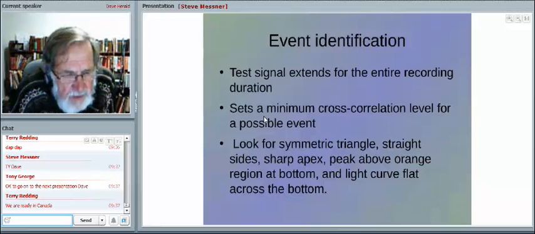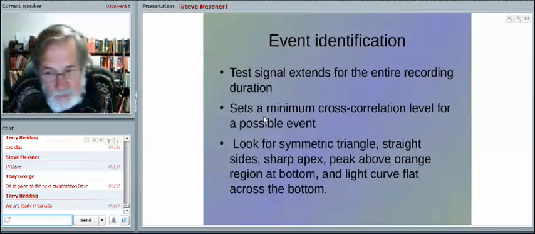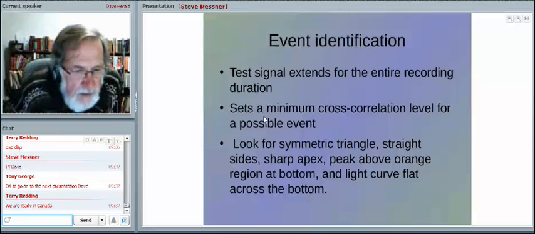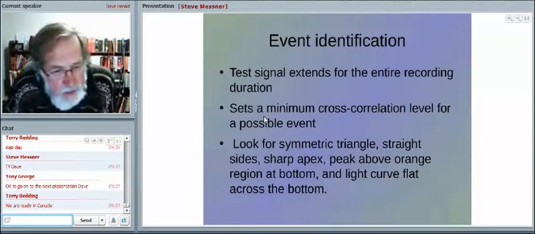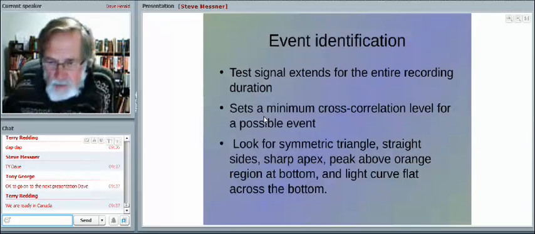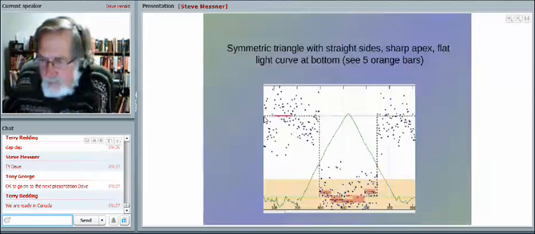It's a symmetrical triangle with straight sides and a sharp apex. It'll have a peak above the region at the bottom, which is the minimum cross-correlation level. And of course the light curve will be flat across the bottom. If we go to the next slide, we can see what this will look like.